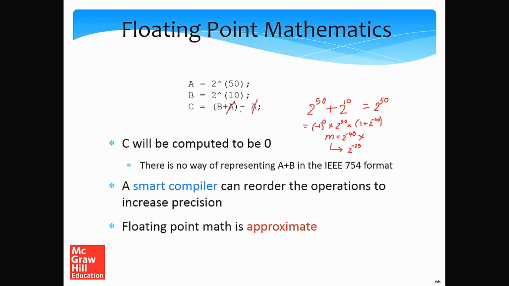A lot of compilers might reorder the operations or locally resolve them, but it is very conceivable that this program, on a lot of programming languages and hardware, would actually produce 0. It would not produce 2 raised to the power 10, which is a non-intuitive result. So programmers need to keep these things in mind while writing programs with floating point numbers, and always remember that it's an inexact approximate representation.